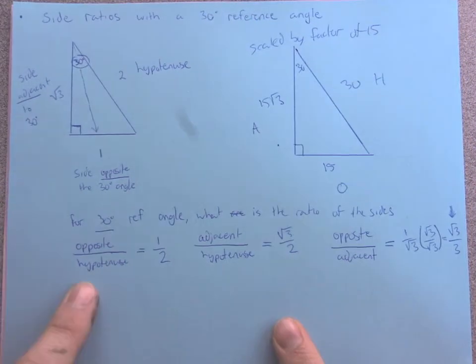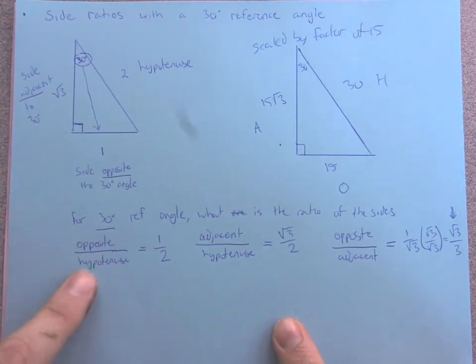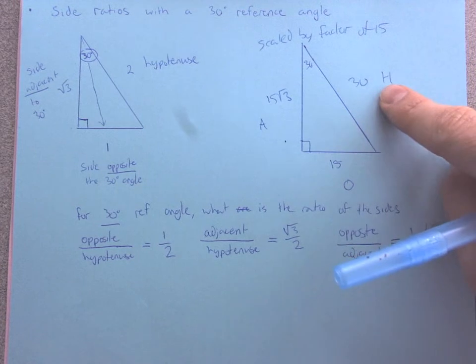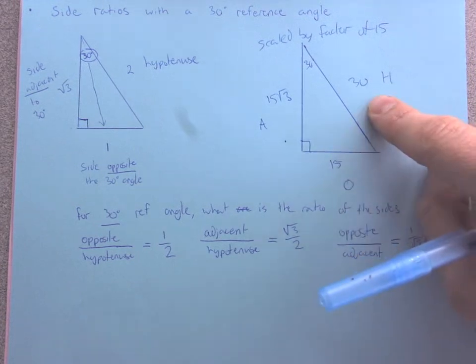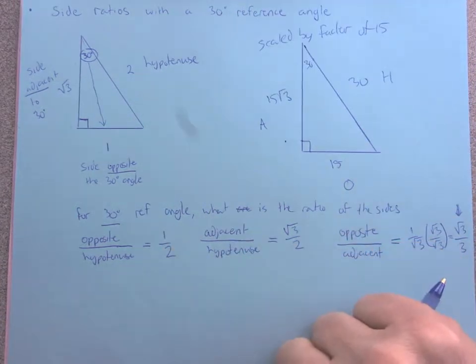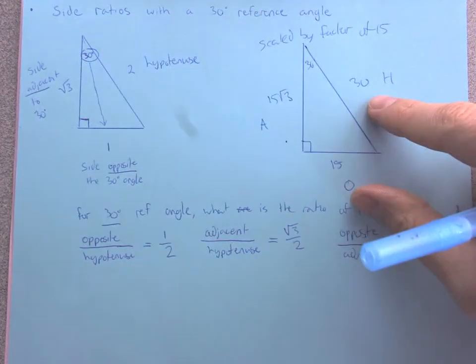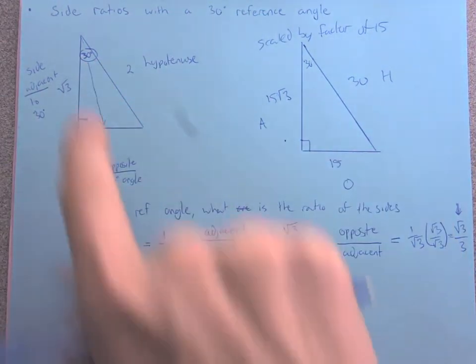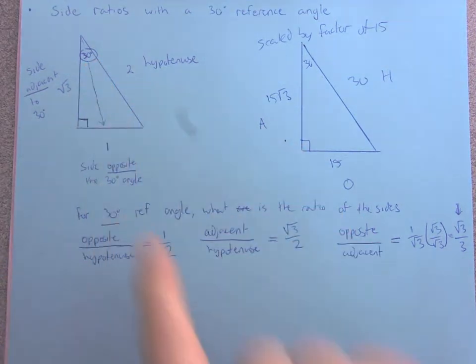So if you look at these ratios, what's the ratio of opposite to hypotenuse, right? Opposite to hypotenuse, it's 15 to 30, or 15 over 30. But that reduces to 1 over 2, right? So it doesn't matter how big this triangle is. The ratio of opposite to hypotenuse for a 30-degree angle in a right triangle is always going to be 1 to 2, this side to this side, right?